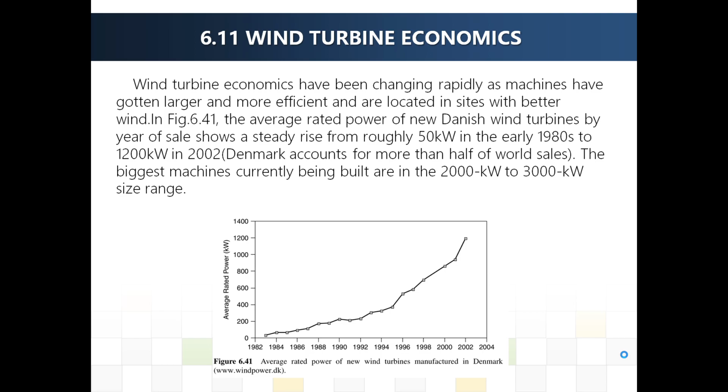In Figure 6.41, the average rated power of a new Danish wind turbine by year of sale shows a steady rise from roughly 50 kilowatt in the early 1980s to 1200 kilowatt in 2002. The biggest machines currently being built are in the 2000 kilowatt to 3000 kilowatt size range.